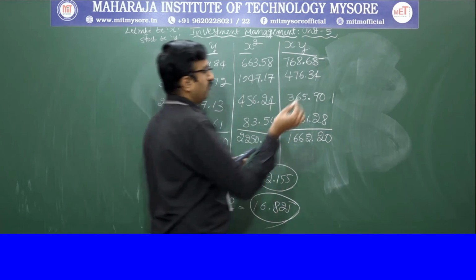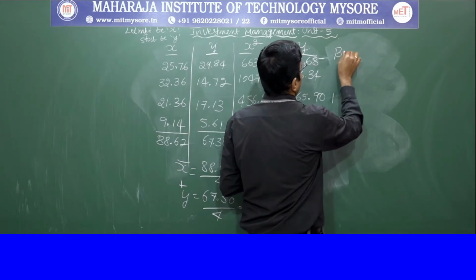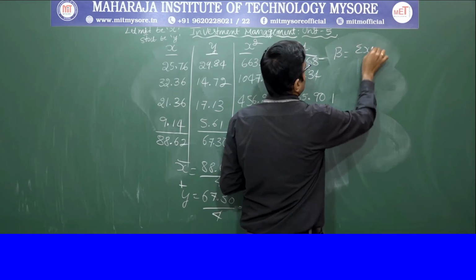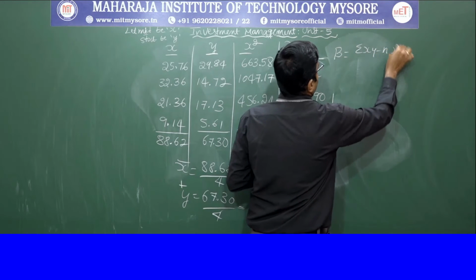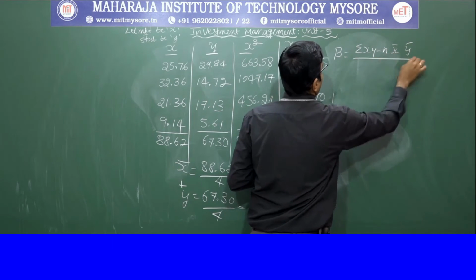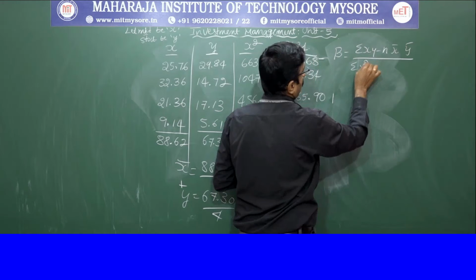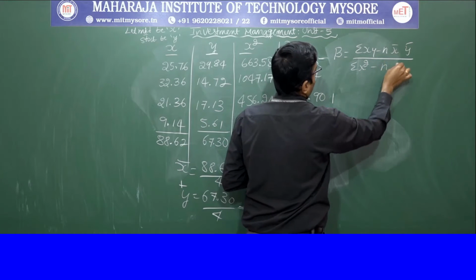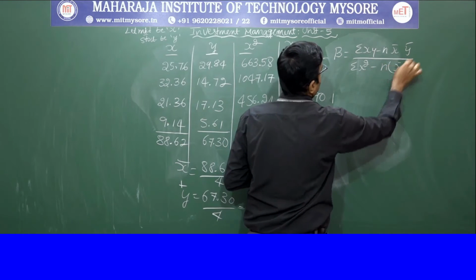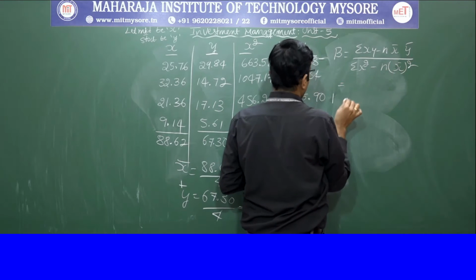Then apply the formula of beta. What is the formula for beta? Beta is equal to (sigma XY minus n X bar Y bar) divided by (sigma X square minus n into X bar whole square). Apply the formula.